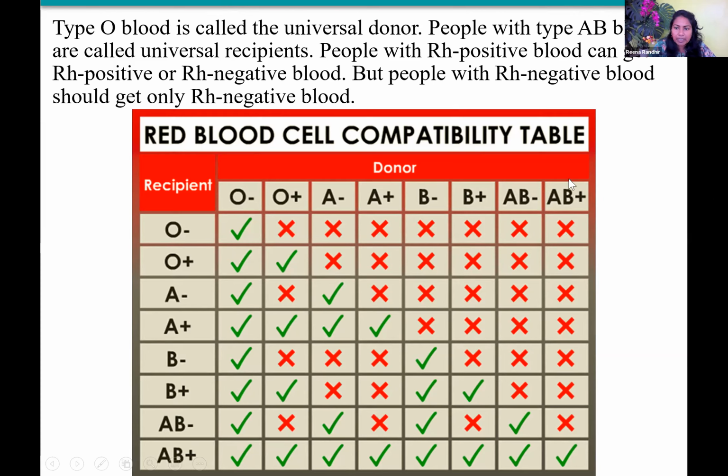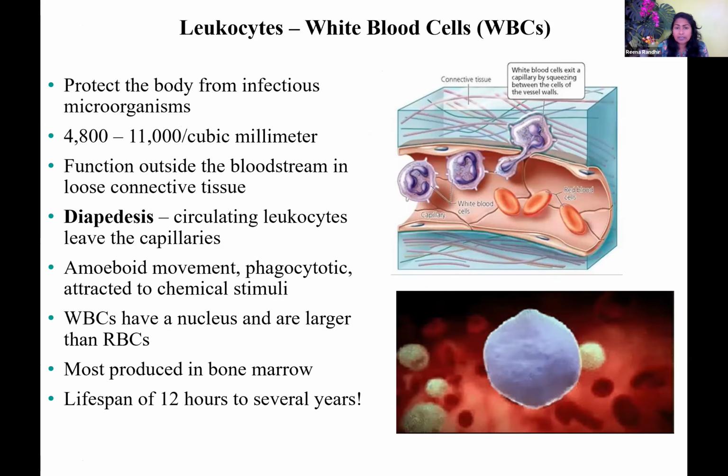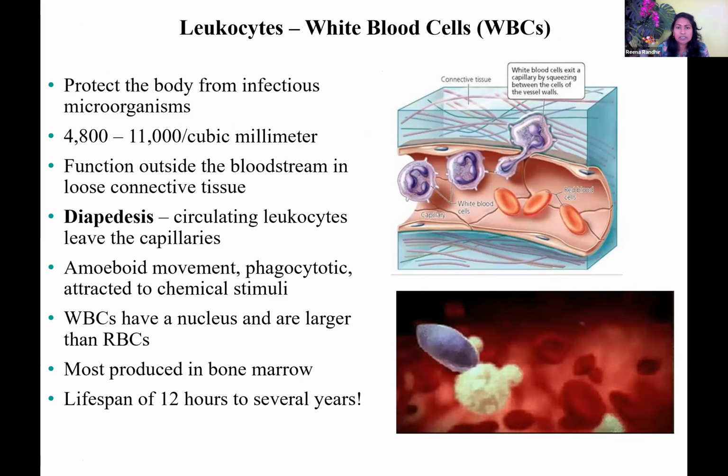They can take blood from A, from B, from AB. So they are the universal recipients. If you're Rh positive, people with Rh positive can get blood from either positive or negative. Whereas if you're Rh negative, you can only get blood from negative. So that's a lot of info about blood cells.